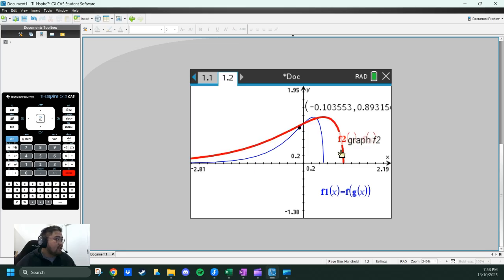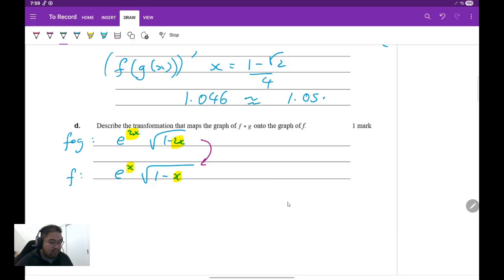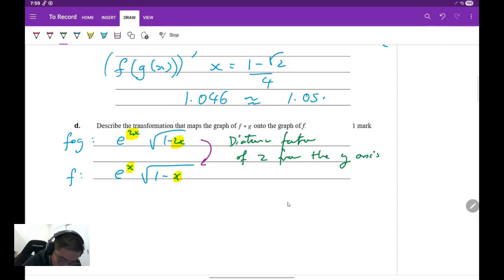So it's either going to be a half or 2. To make this blue turn into this red, we need to dilate it by a factor of 2 from the y-axis as our baseline.